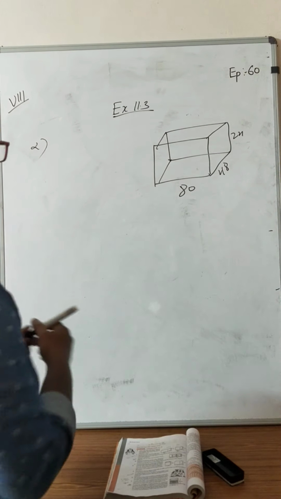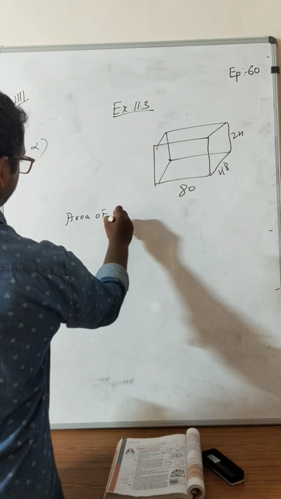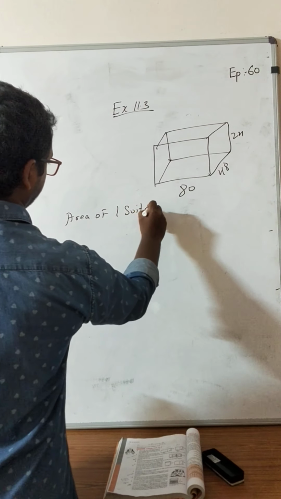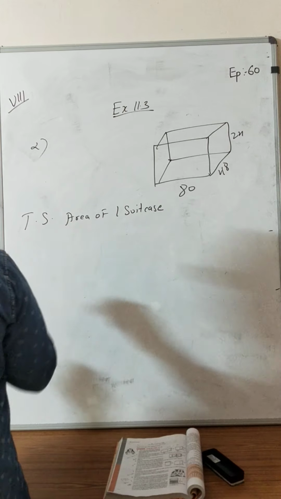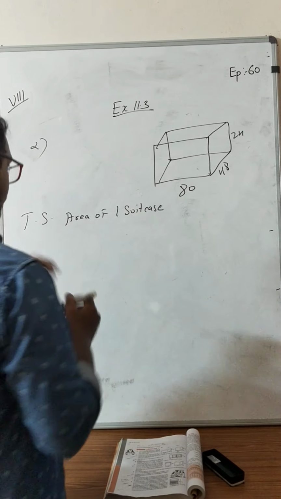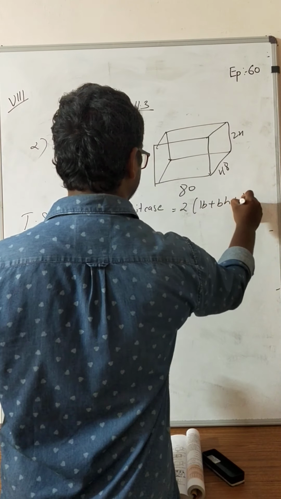So let us find the area of one suitcase, which is the total surface area of one suitcase. So we will apply the formula 2 times (LB plus BH plus HL).